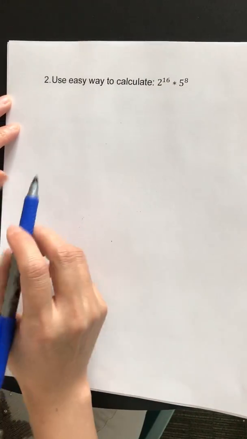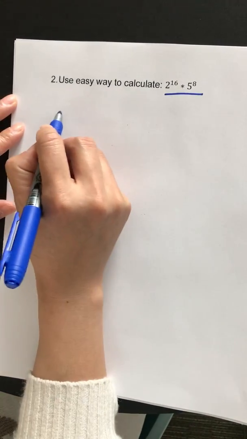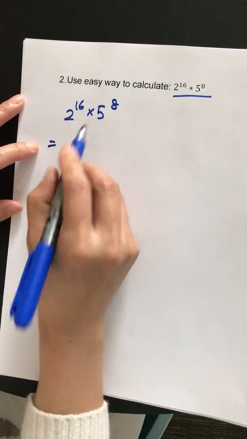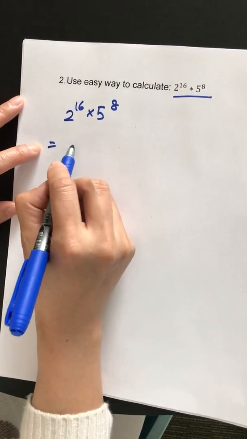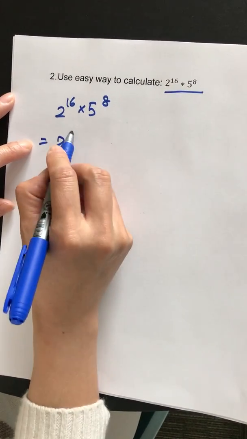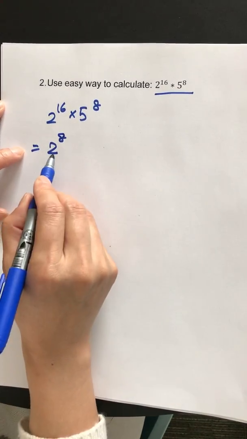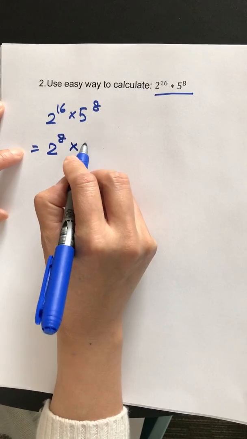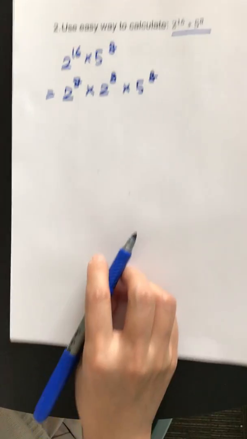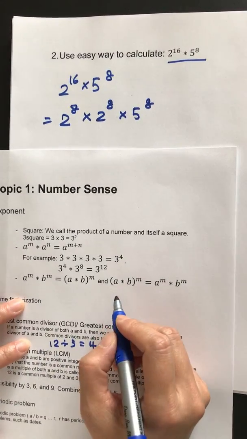So in this problem, we can basically break this number up. We have 2 to the 16 multiply 5 to the 8th. 2 to the 16, we can break up as 16 twos multiplying together. We can say, okay, we have 8 twos multiplying together, multiplied by another 8 twos, and then multiplied by 5 to the 8th. This follows the property that we have just shown.